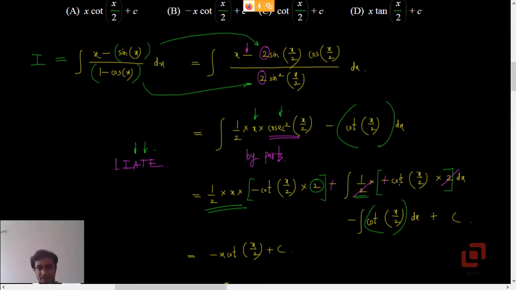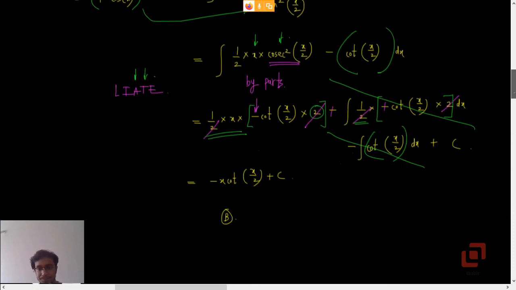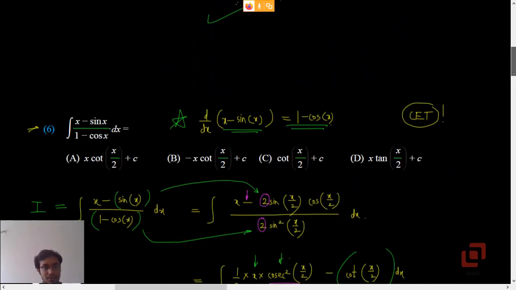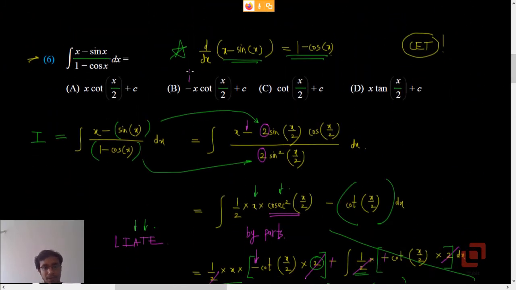So if you cancel them, your final answer is going to be negative x into cot of x by 2, because again you can cancel this 2 and this 2. Negative sign, don't forget that, x into cot of x by 2 plus c, and that is option B. Negative x cot of x by 2 plus c, option B.